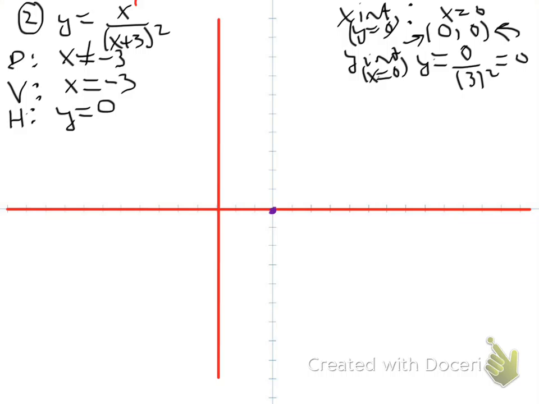We've got those graphed. Now, we've got to think about what's going on here. Okay, what caused this part to be here? Well, it's when this was set to 0, and that had a multiplicity or a power of 1. And a power of 1 for zeros means it's tangent.